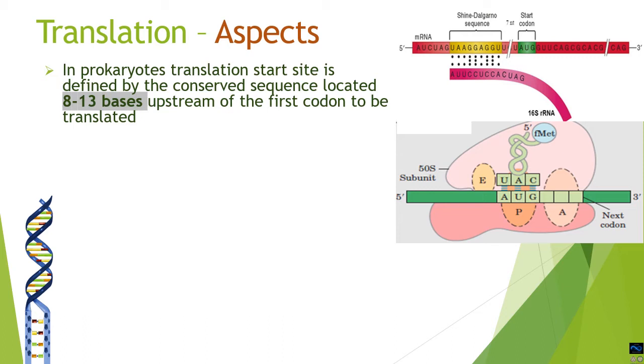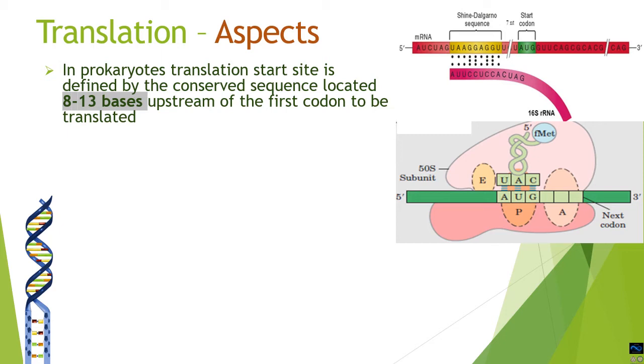One of the important factors which regulates the translation process is that the translation start site is defined by conserved sequences, similar to the promoter regions. Here also, the conserved sequences are located upstream of the first codon to be translated.